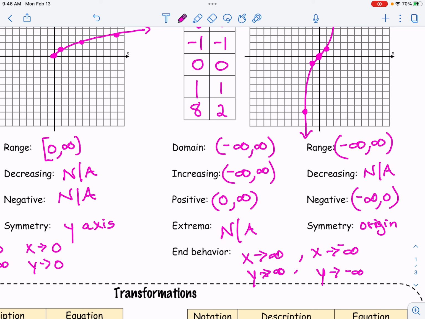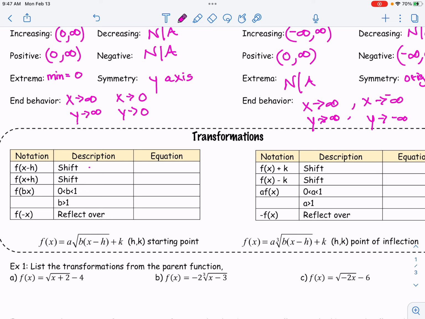This transformation chart, I hope you recognize it. It's the same one that we've been doing. If you have an h on the inside, that means it's going to shift right. The equation for square root would look like this. This would be left h. The equation would look like this.